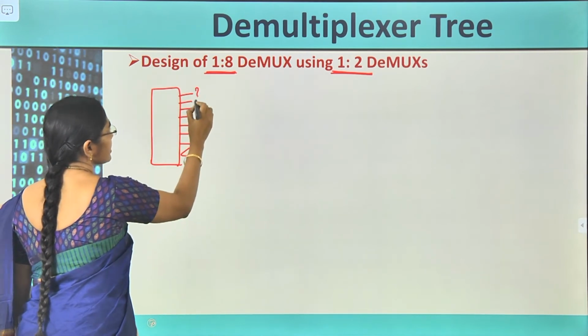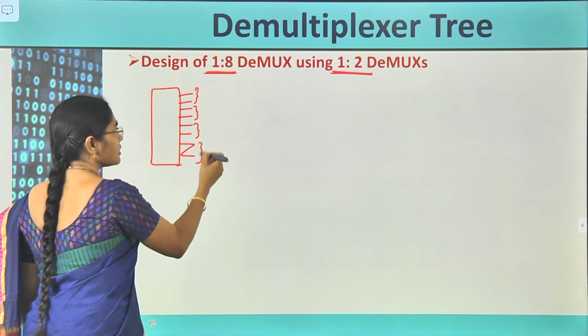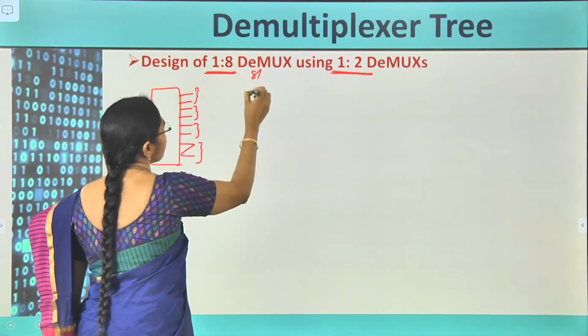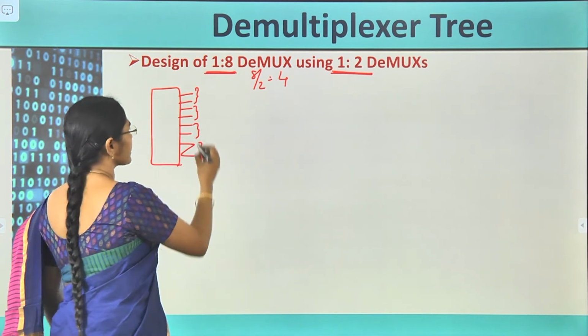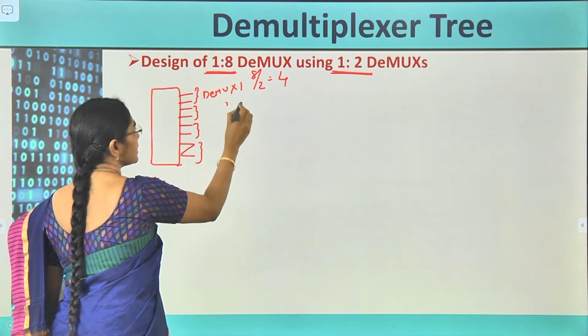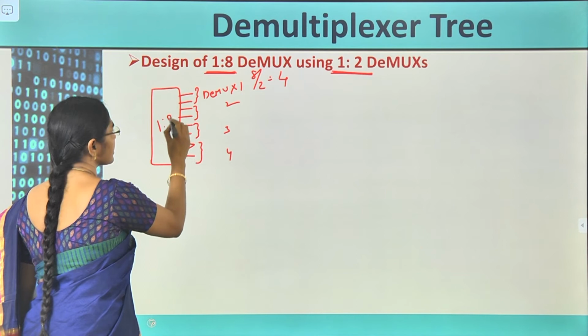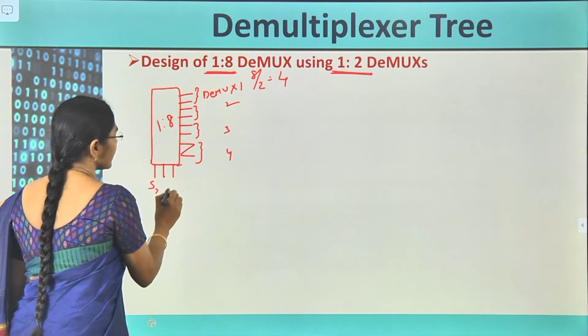For the outputs, 2 at a time using 1:2 demultiplexers, 8 divided by 2 means 4 demultiplexers are required. Here we have demux 1, 2, 3 and 4. The selection lines are S2, S1 and S0.